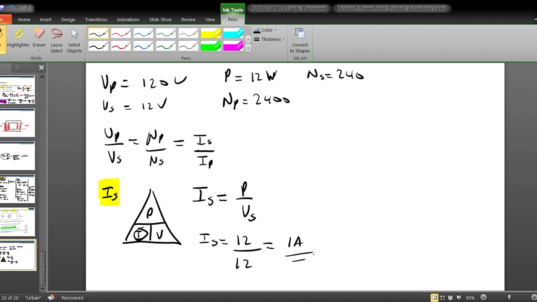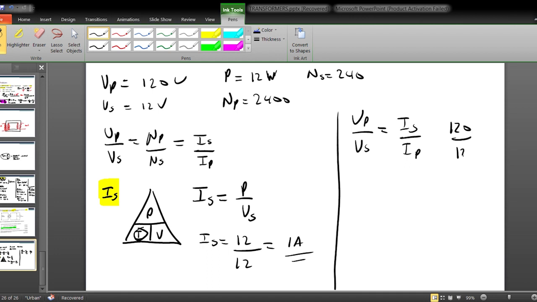So we have found IS. Now that we have found IS, we can now use one of the two combinations. You can choose whichever. I'm going to choose VP over VS equals to IS over IP. What is VP? VP is 120 volts divided by 12 volts, and is equal to 1 ampere divided by IP.